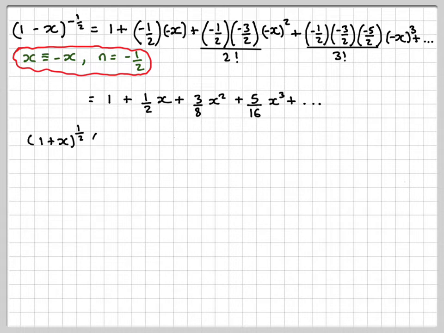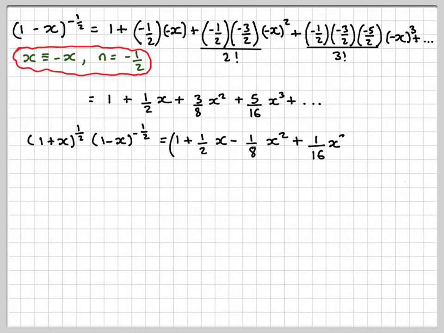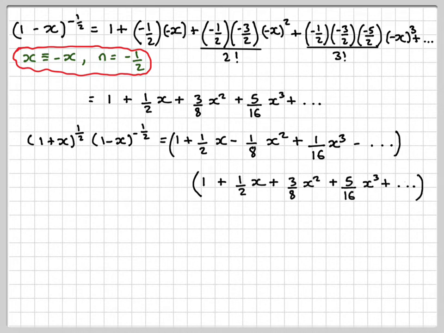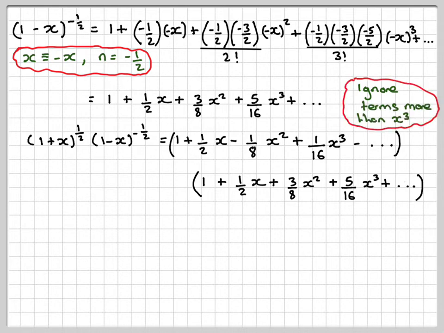Right, we need to go back and do the multiplication. So that means we'll need to take the first one here, which we wrote on the other side, times this. And we will ignore any term that is greater than x cubed. Right, so first one will be 1 times all of this, so that will give 1 plus a half x plus 3/8 x squared plus 5/16 x cubed.